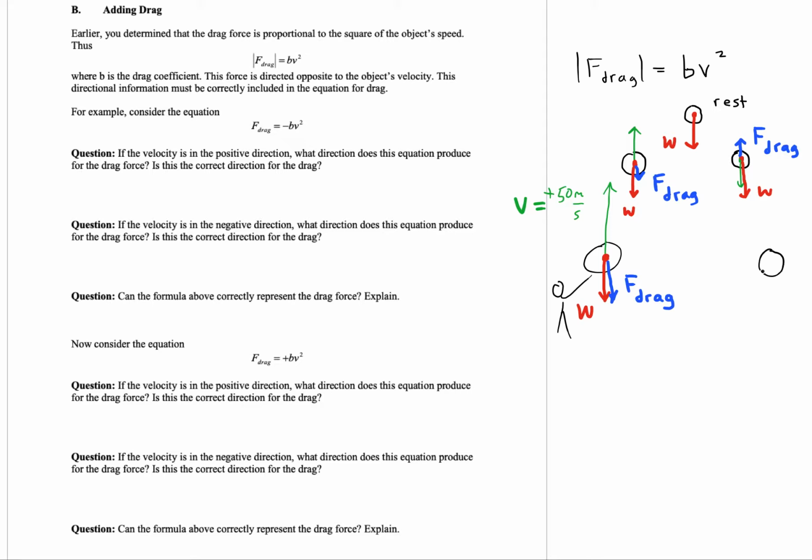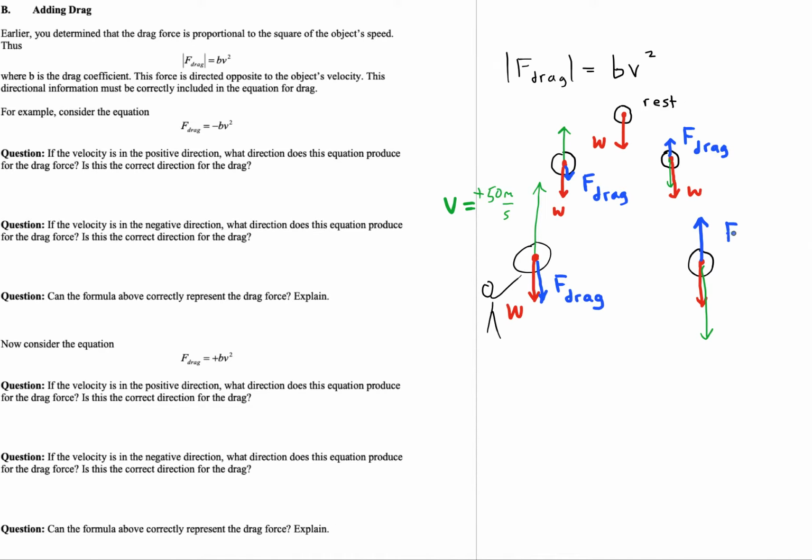All right, and down here we will have a weight. And we'll have this. And like this. Alright, so that's the story of what the drag is doing.